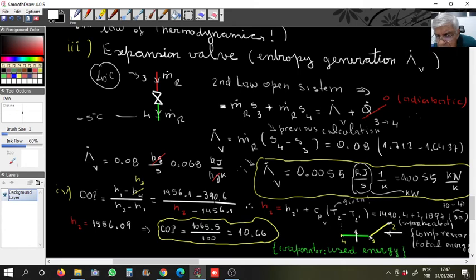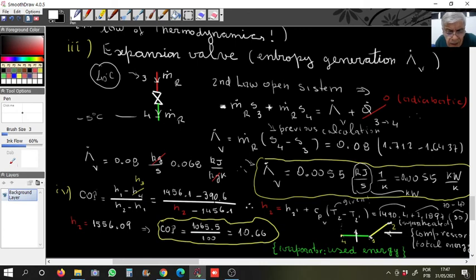Now, I have 30 over here. CP is given, and H2 prime is from the table. So I get this number H2 here. No problem. I multiply this number so I can calculate H2, and I just plug it in here.